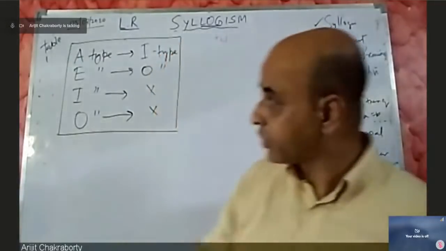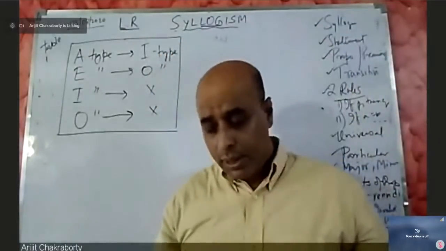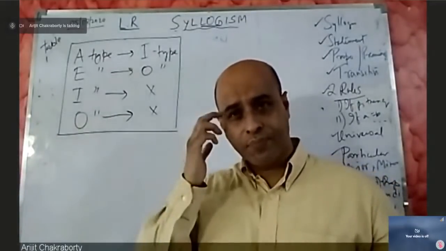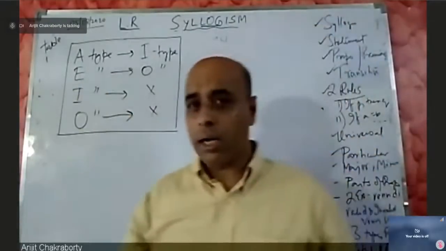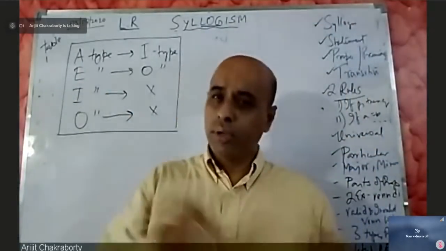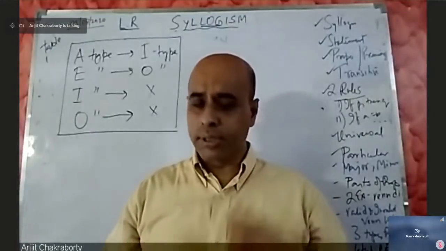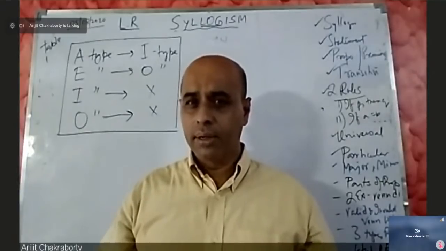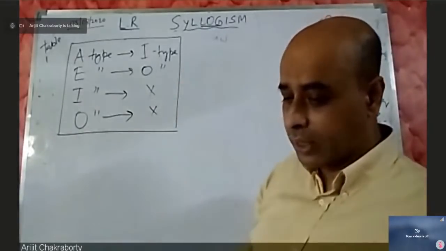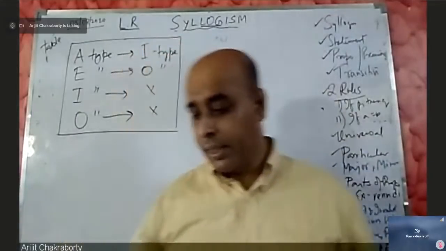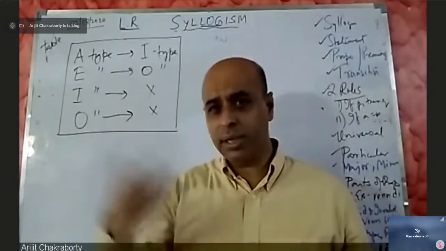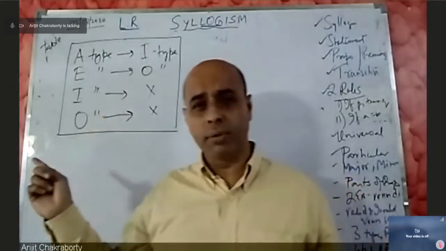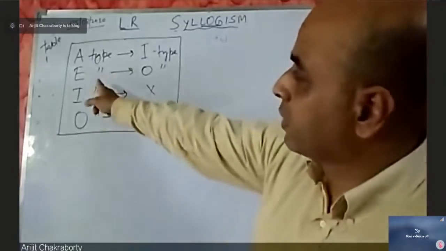Okay, now we take E type. If I write no cars are buses, that is E type. It is universal and negative, because we are writing none of them are buses.